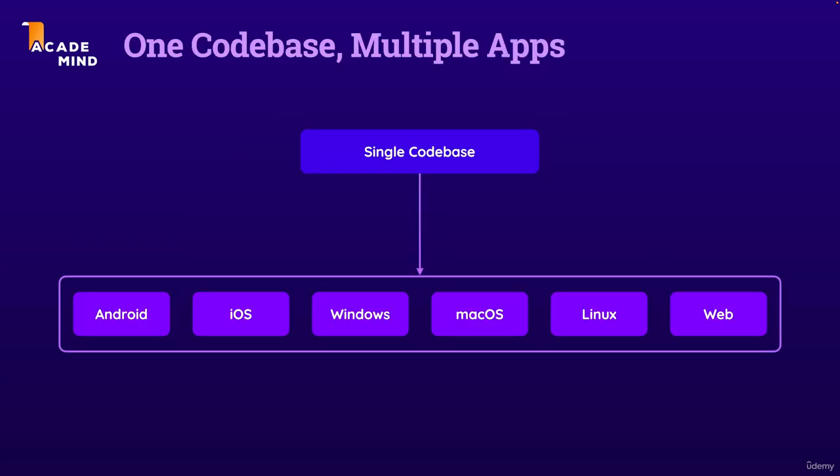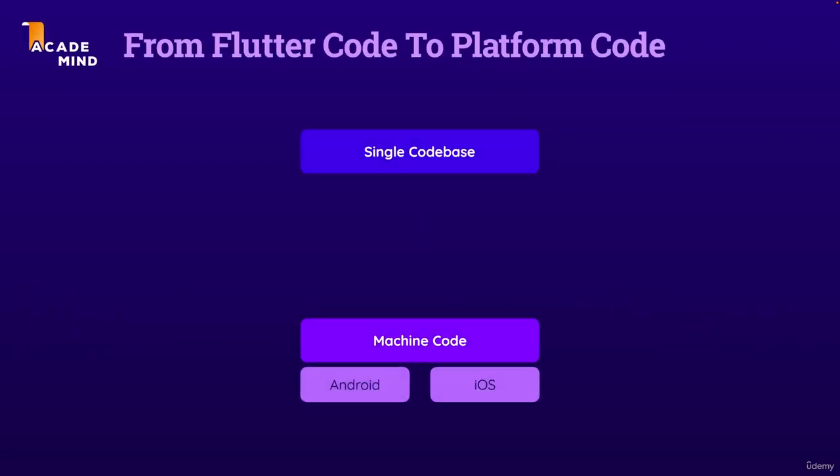Because that code that you write in this single code base does not out of the box work on these different platforms. Instead, it must be translated to machine code that does work on these different platforms. So, for example, some specific machine code that does work on Android or that does work on iOS.